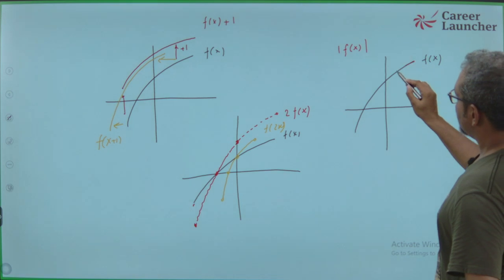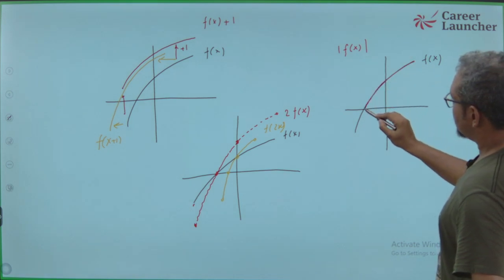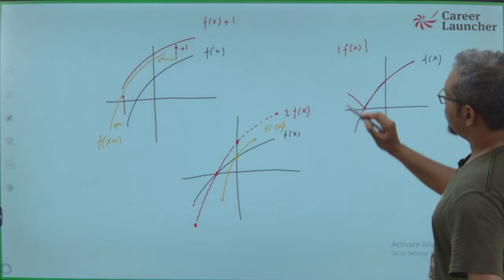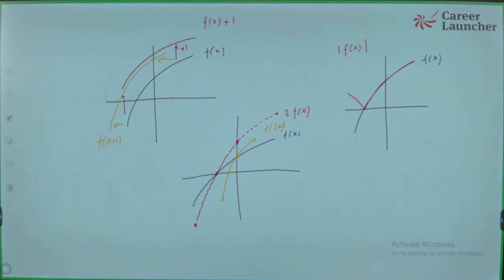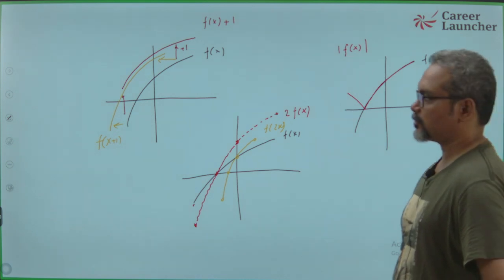So the positive will remain as it is, the negative part will just reflect up. This will become the graph of mod of f(x).